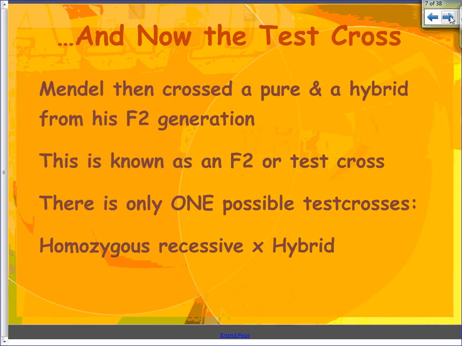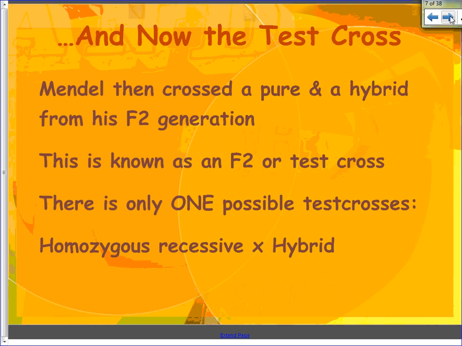The next thing, or the last thing that Mendel did, was he did a test cross. So with his dominant traits, he didn't know which ones were homozygous dominant and which ones were heterozygous. But he developed a method called a test cross, in which he would cross a pure and a hybrid from his F2 generations.